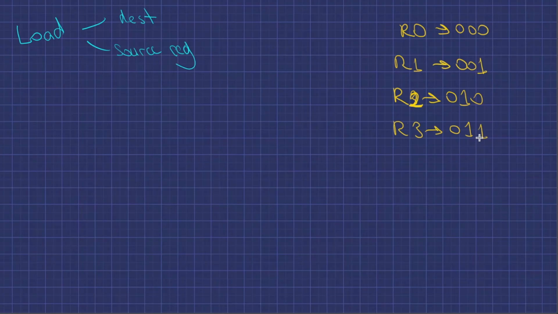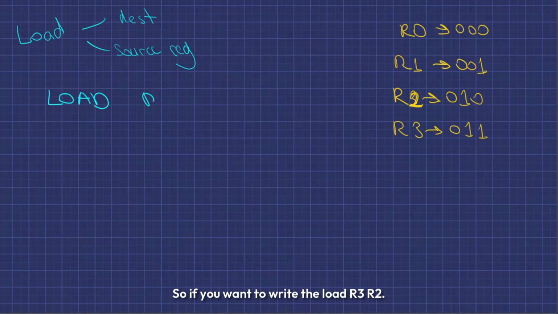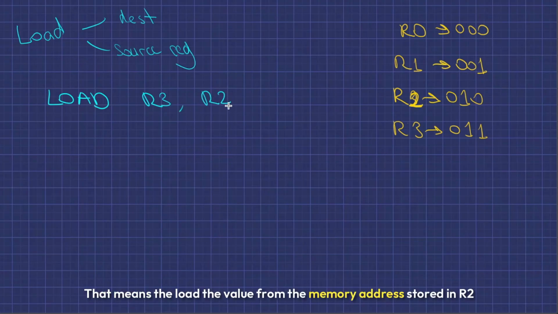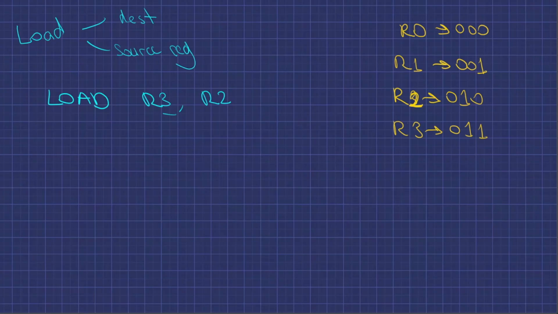Now that's good. So if you want to write the load R3 R2, that means load the value from the memory address stored in R2 and put it into R3.